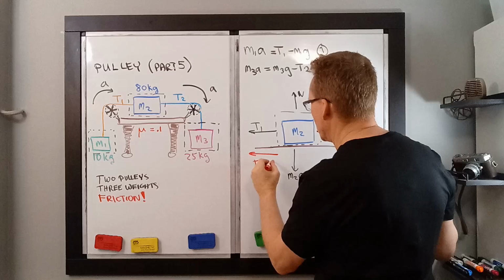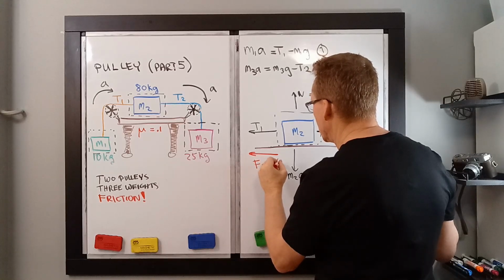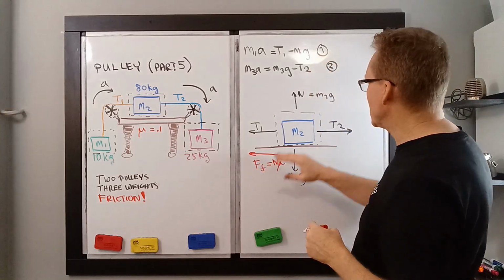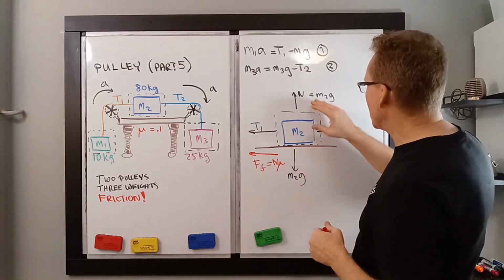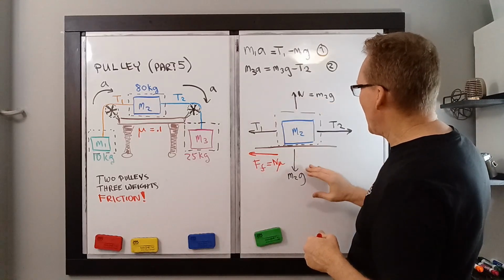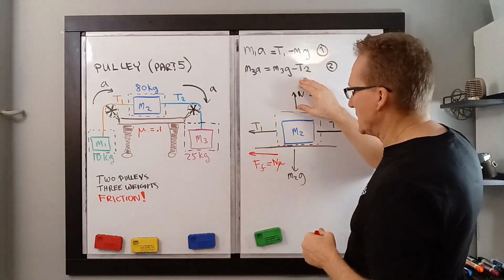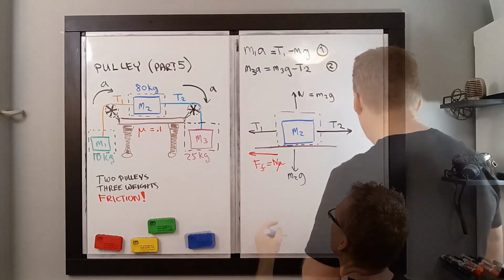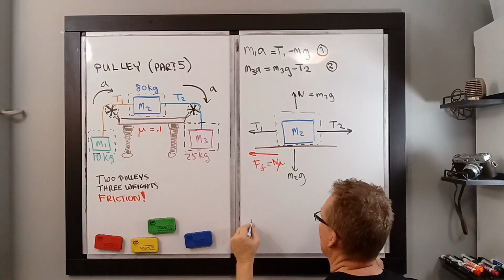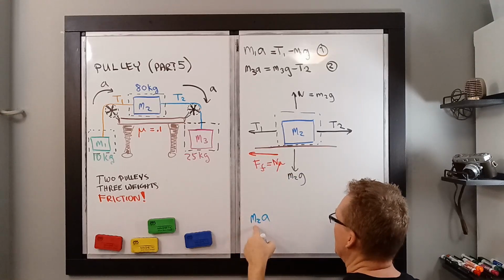Now, what's the force of friction? It's going to be equal to the normal force times mu. That's the standard definition. In this case, the normal force is exactly equal to M2G. We can plug that in now, or we can plug that in later. But we can create a third equation now. We're going to need some space to do that. Maybe I have enough room right in here. Now we want to find out mass 2 times the acceleration of mass 2.